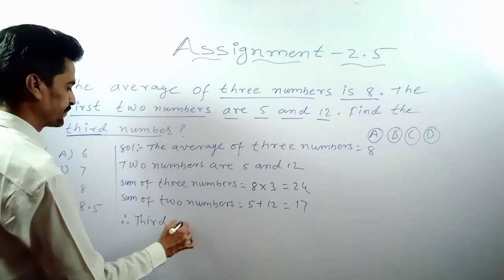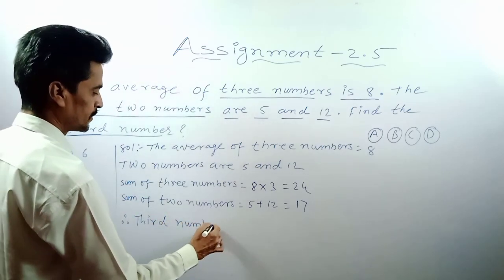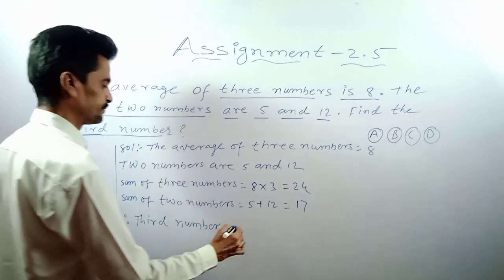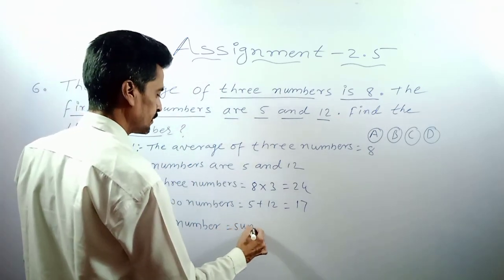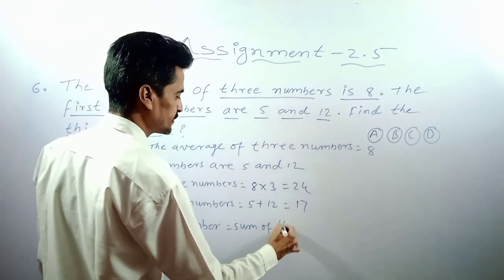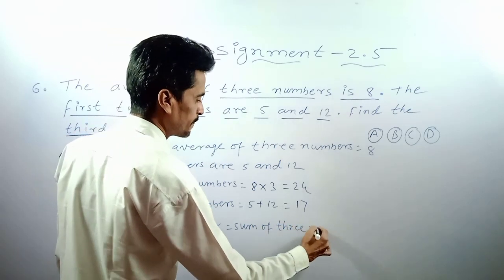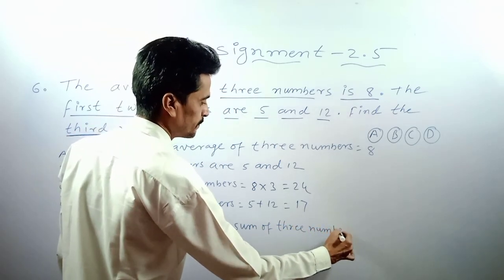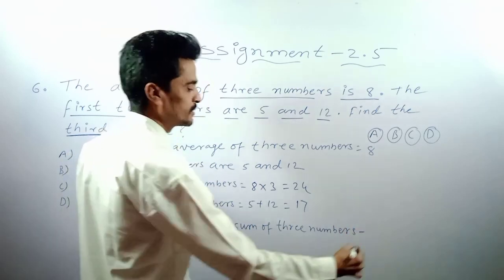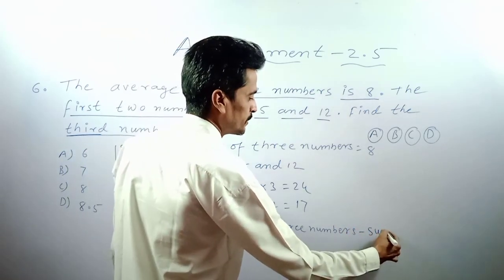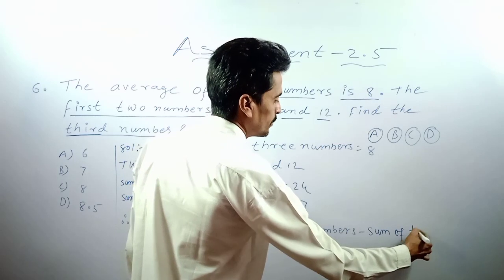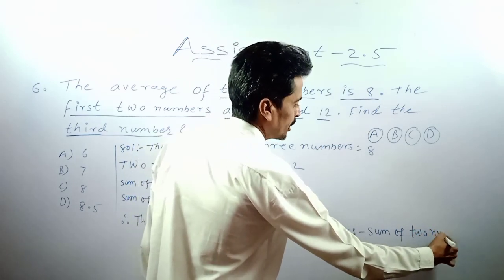Therefore, third number equals sum of 3 numbers minus sum of 2 numbers.